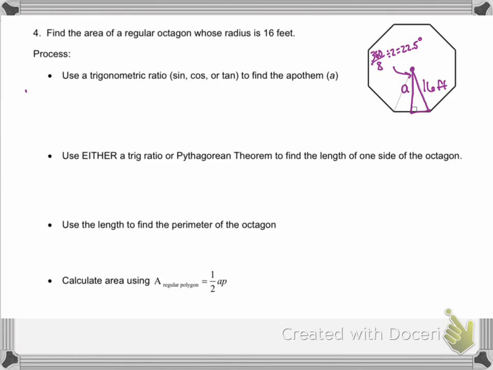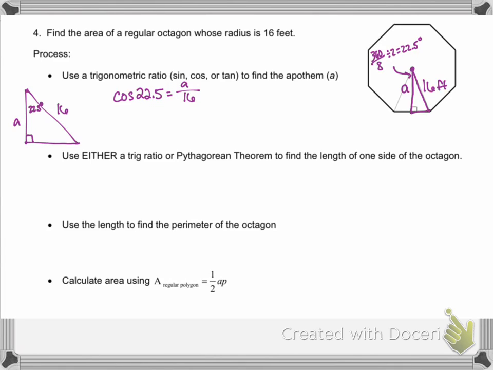So for this first step here, I'm going to go ahead and just redraw the triangle so it's a little bit bigger. So we have 16 and your apothem, and then this top angle here is 22.5 degrees. Now, based on the location of the angle and the two sides that are labeled, we are going to use the cosine function, because cosine is going to relate the adjacent side, A, to the hypotenuse, 16.